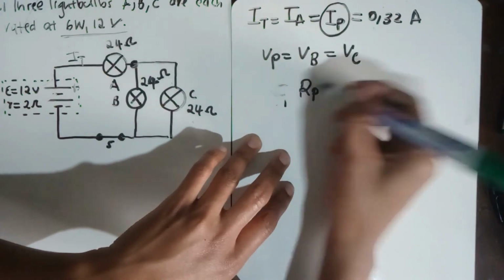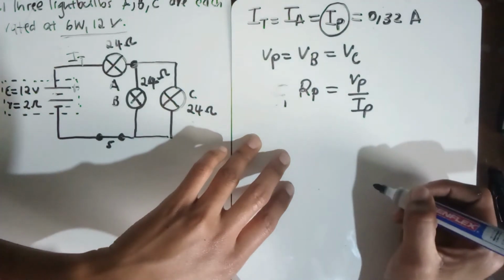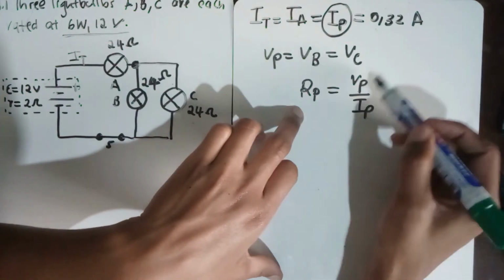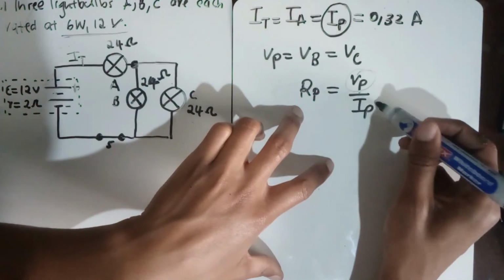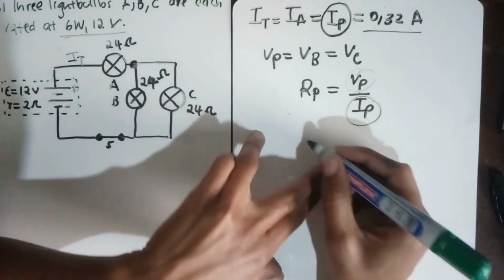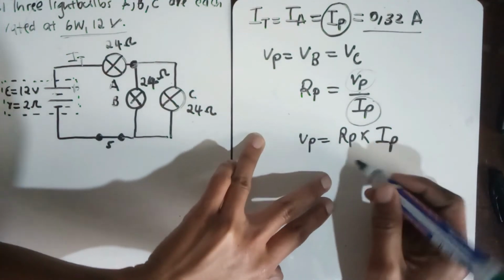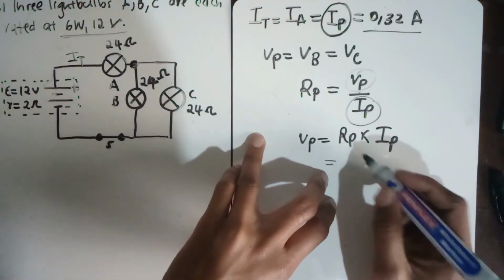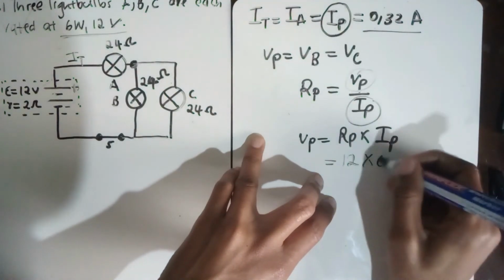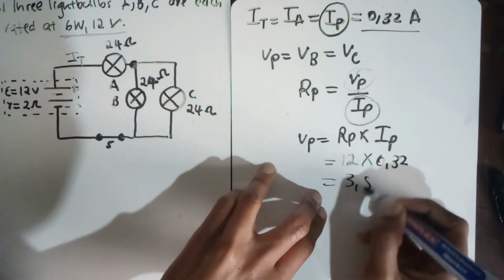So we can start from saying RP equals VP over IP, right? I'm looking for the resistance of that parallel connection, which we have, and we also have IP, which we found to be 0.32. So we can say VP equals RP multiplied by IP. We calculated RP to be 12, if I'm not mistaken, multiplied by 0.32, and you find that to be 3.84 volts.